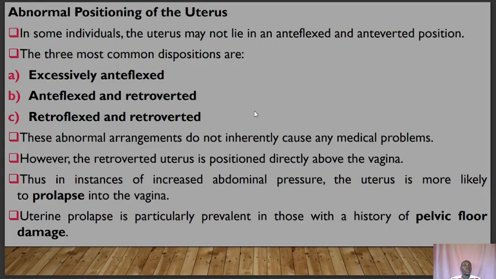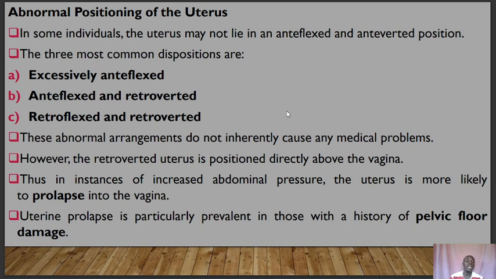Thank you. So we have abnormal positioning of the uterus. In some individuals, the uterus may not lie in an anteflexed and anteverted position. There are three most common dispositions, which are excessively anteflexed, retroflexed and retroverted. These abnormal arrangements do not inherently cause any medical problems.